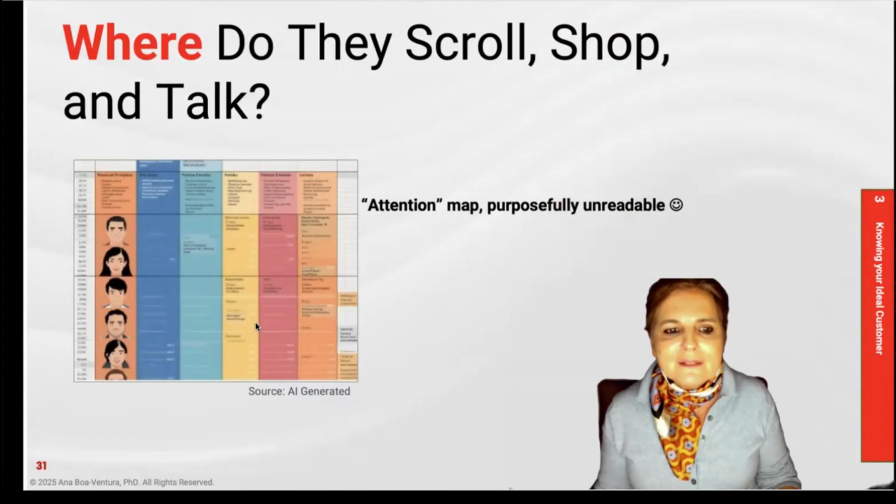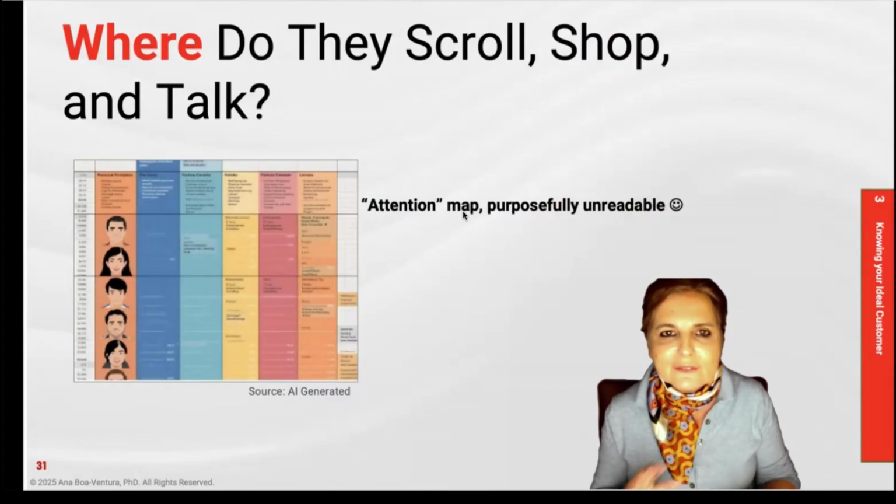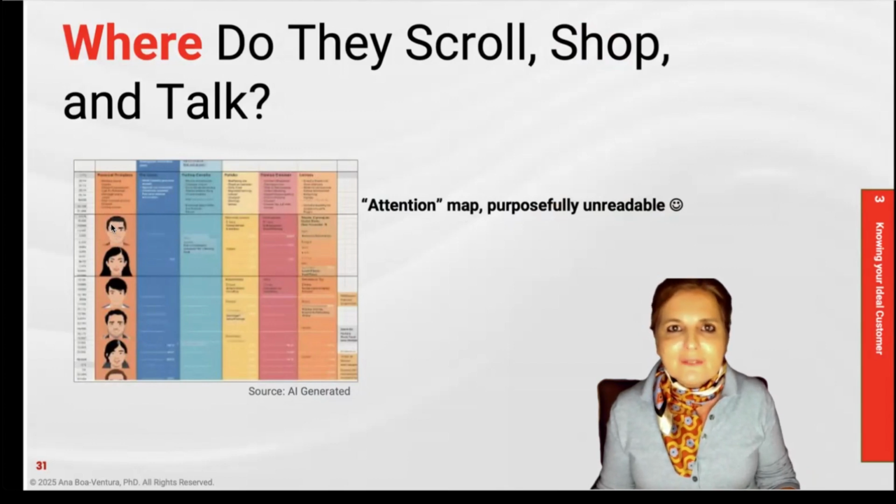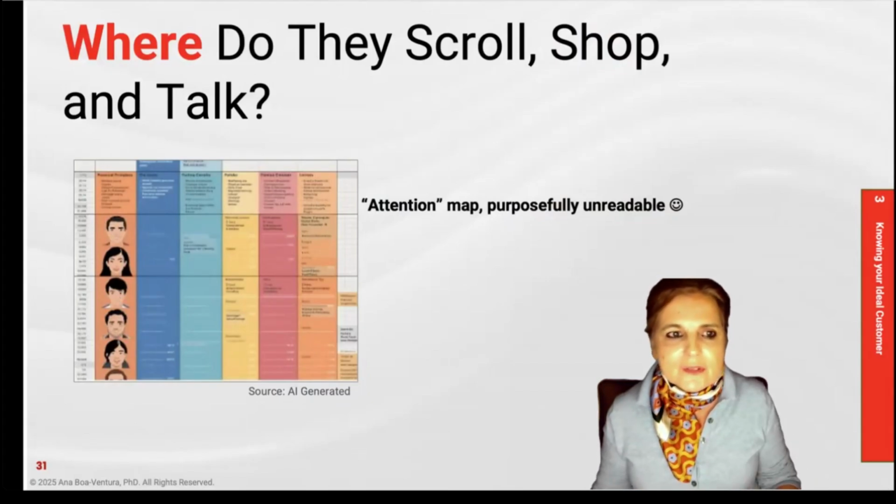This was AI generated, and so were the two previous images, with Canva. It's an AI-generated attention map, so it's purposefully kind of unreadable. The idea being that you can have your avatar. You probably don't have just one avatar, right? You have several personas that represent your several ideal customers. And then for each, you can have any type of matrix you want.